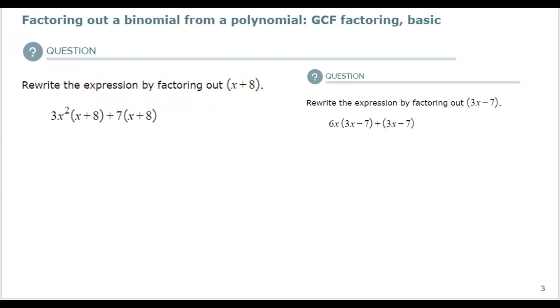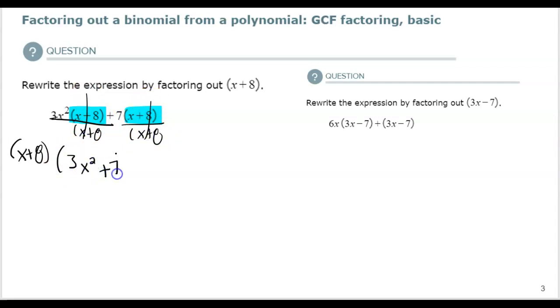So it asks us to rewrite the expression by factoring out an x plus 8. So both of these have an x plus 8. So I'm going to pull out an x plus 8. And if I divide everything by x plus 8, I'm left with a 3x squared plus 7.